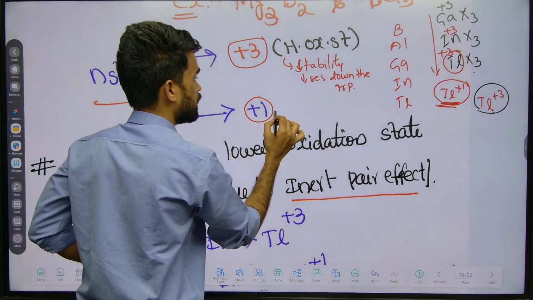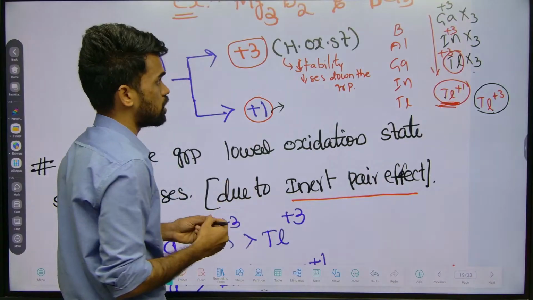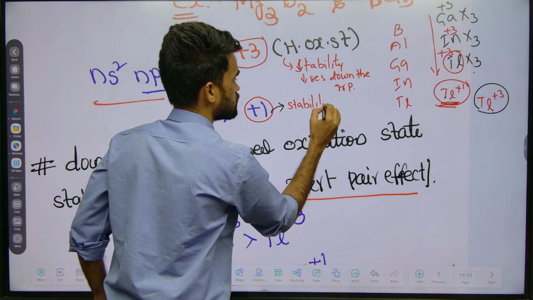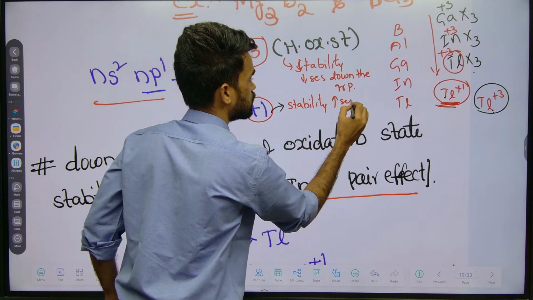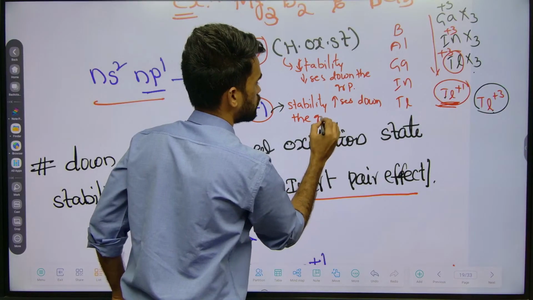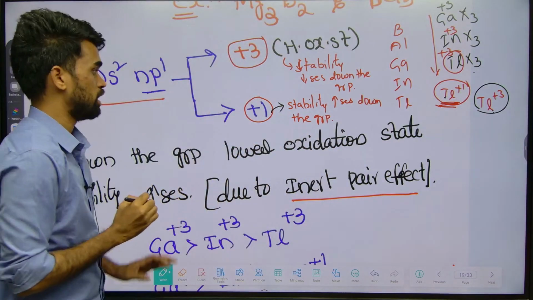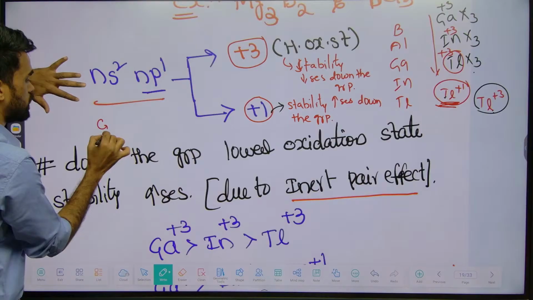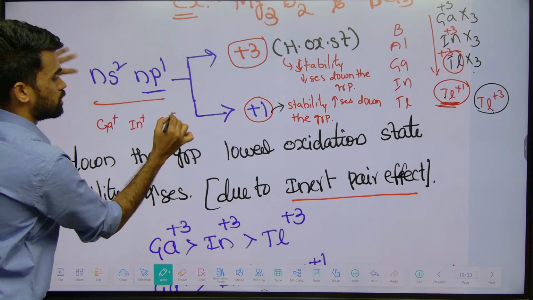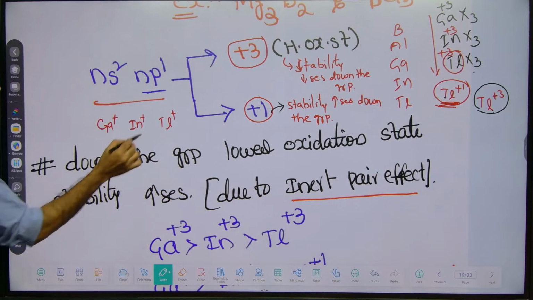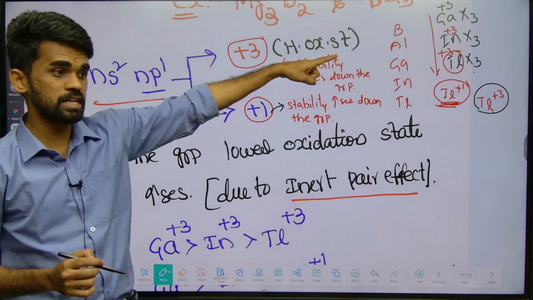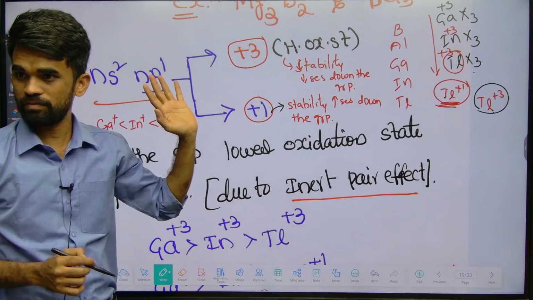I can also say lower oxidation state, +1 oxidation state stability increases down the group. Is this clear? It means I am writing gallium +1, indium +1, thallium +1. Which is more stable? Thallium. If I write +3 oxidation state, gallium. Is this clear, everyone?